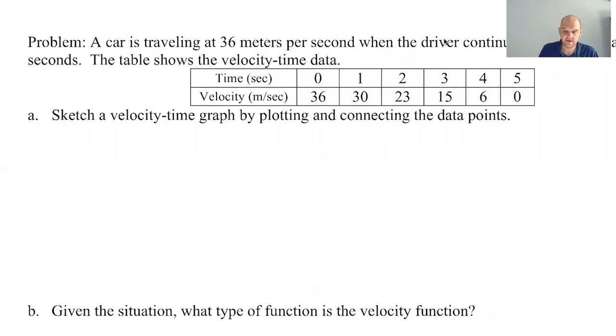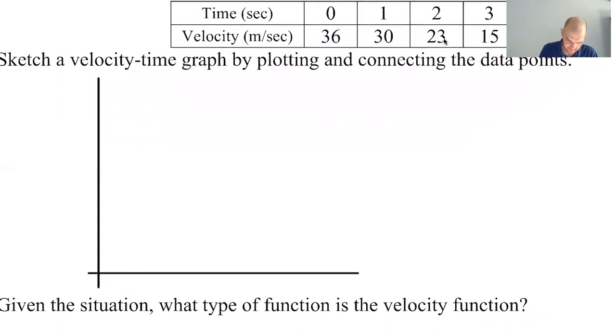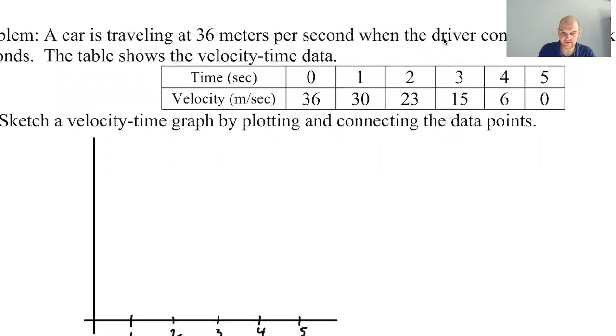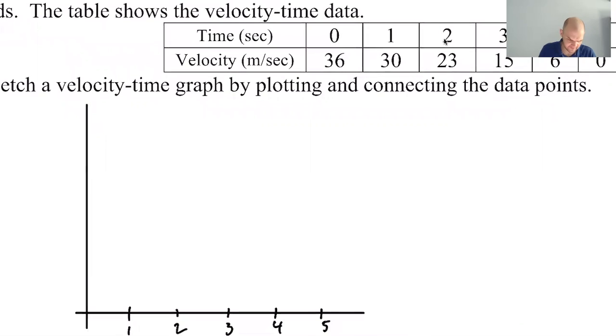So what kind of scale can we use here? I don't know. 1, 2, 3, 4, and 5. And then I'm going to go by 5s, I think, because they're all right around a multiple of 5. So I'm going to count by 5s.